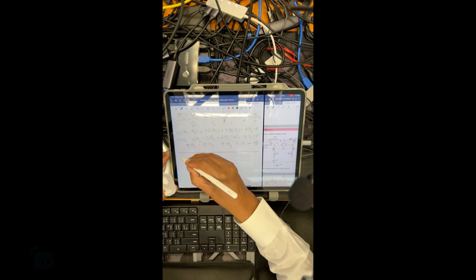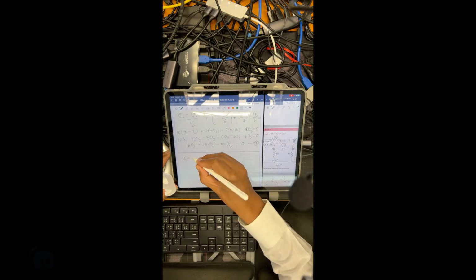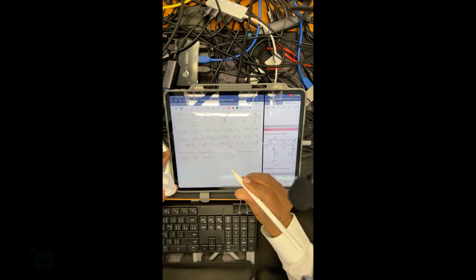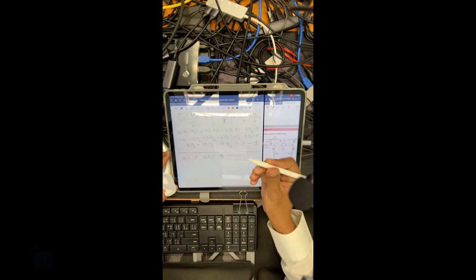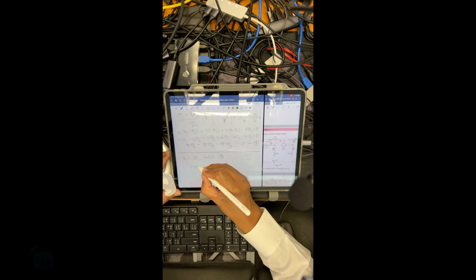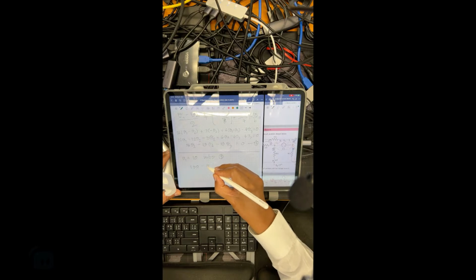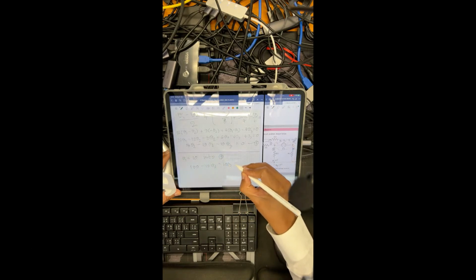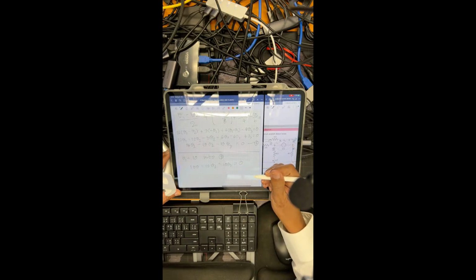So let's substitute V1 equals 10 into equation number 3. We're going to have 180 minus 15 V2 minus 10 V3 equals 0.